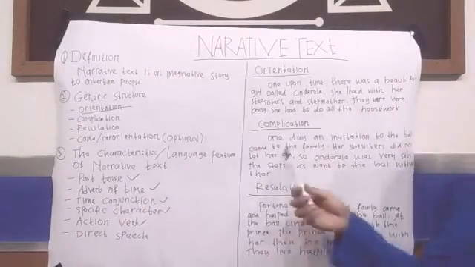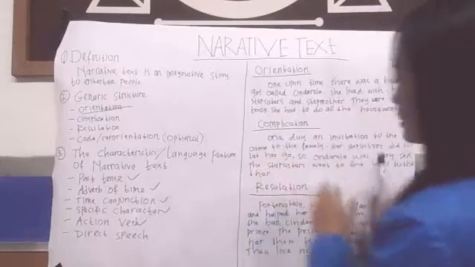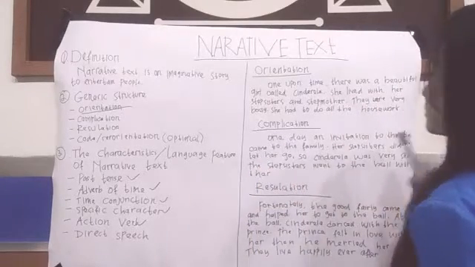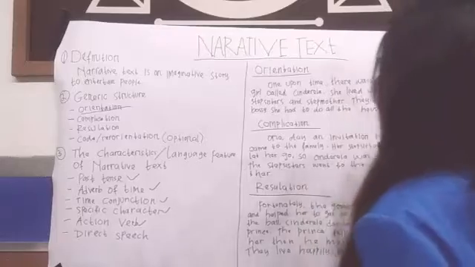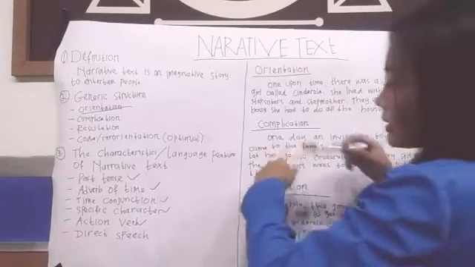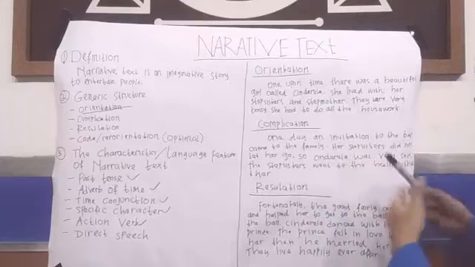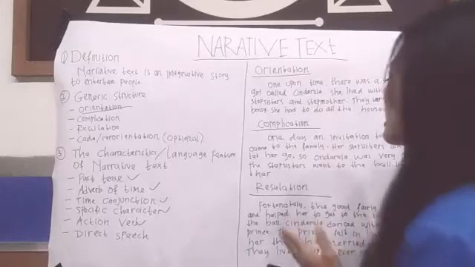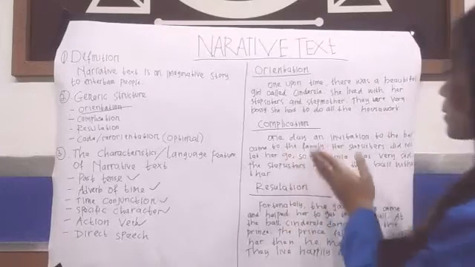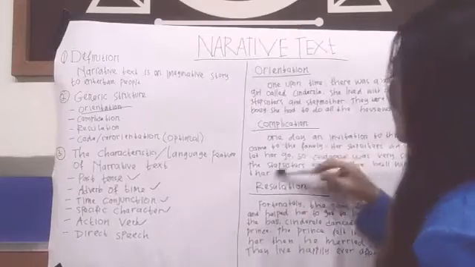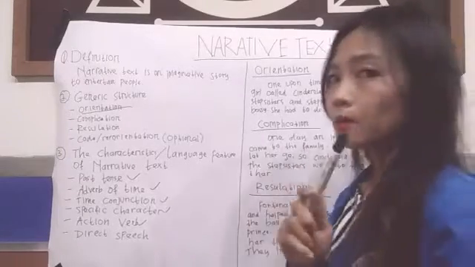Complication. In the complication in the story, one day an invitation to the ball came to the family. This is the complication in the story. The next, her stepsister did not let her go. This is the beginning of the complication.